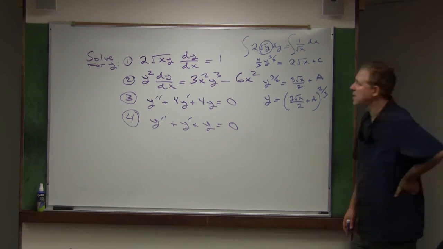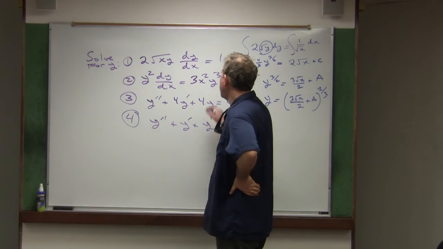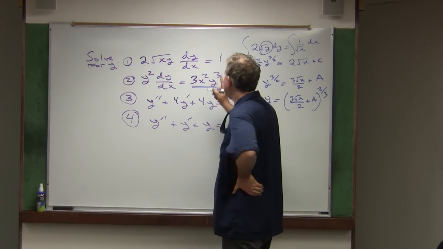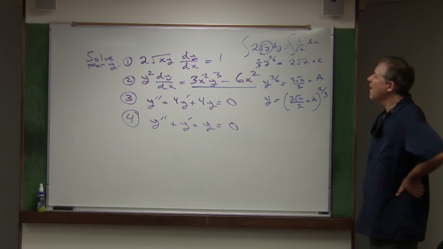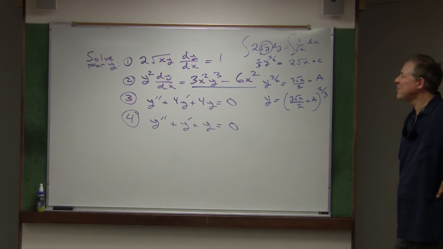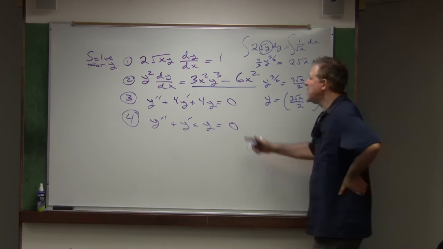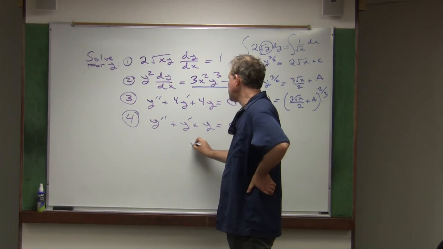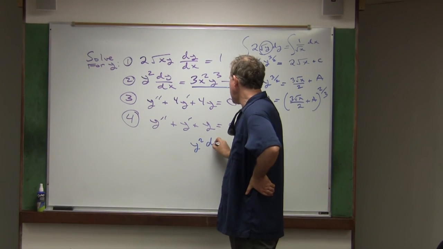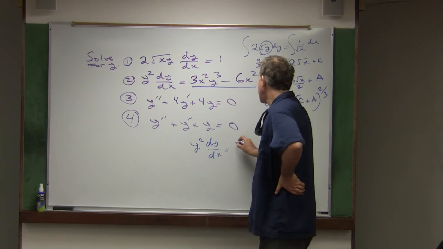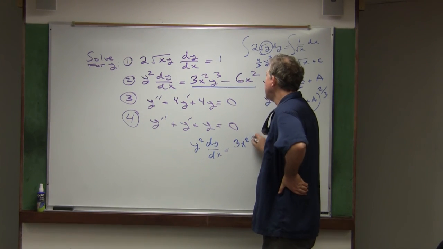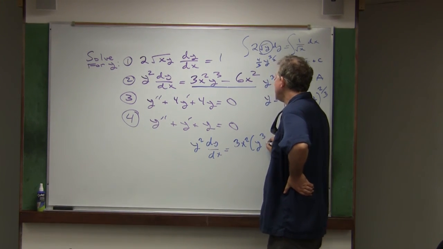Looks good to me. Okay, on number 2, you've got to make sure it's separable first. Is it? Not yet. It is, but you've got to do a little work. What do you have to do? You've got to factor first. So you've got to get y squared dy dx is 3x squared times y cubed minus 2.